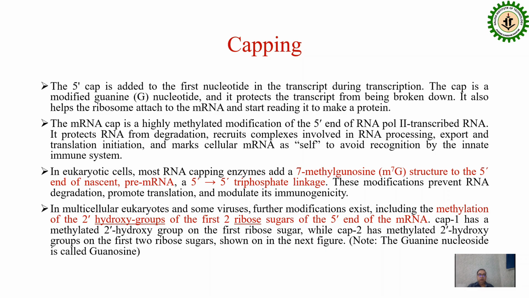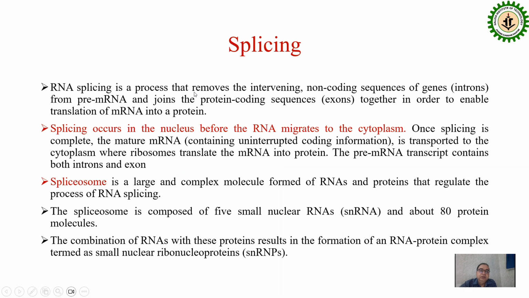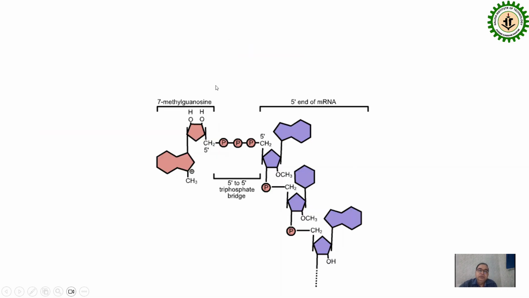So let us go to the figure. So you can see here that 5' to 5' triphosphate bridge. You can see here 3 phosphates are there, and that is 5' to 5', and this is the 7-methyl guanosine.